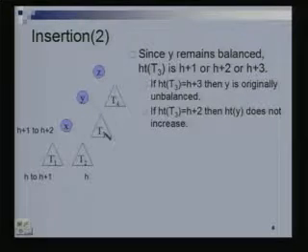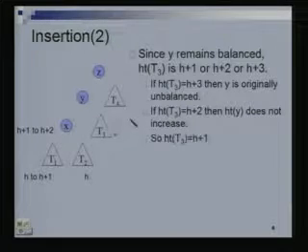If it is h plus 2, then that means that the height of y has not increased, because if this was h plus 2, then the height of y originally was h plus 3, and it would still remain h plus 3. So, height of T3 cannot be h plus 2. So, height of T3 has to be h plus 1.